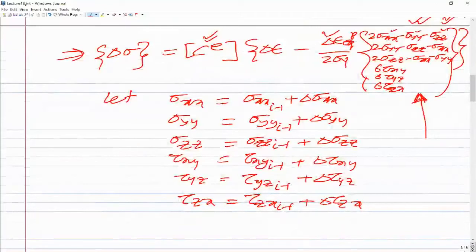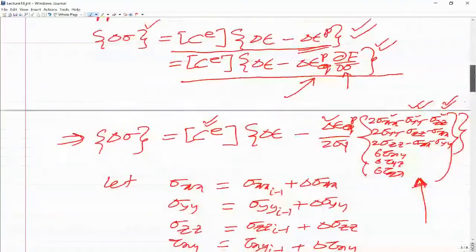When we write del f by del sigma xx, del sigma yy, all these terms are for isotropic hardening. If we have kinematic hardening, we will also have to include the alpha terms in del f by del sigma. Sir, while proving lambda equals d epsilon equivalent p, we used these sigma xxD, sigma yyD values. These values are for isotropic hardening, so that proof should also be for isotropic hardening.